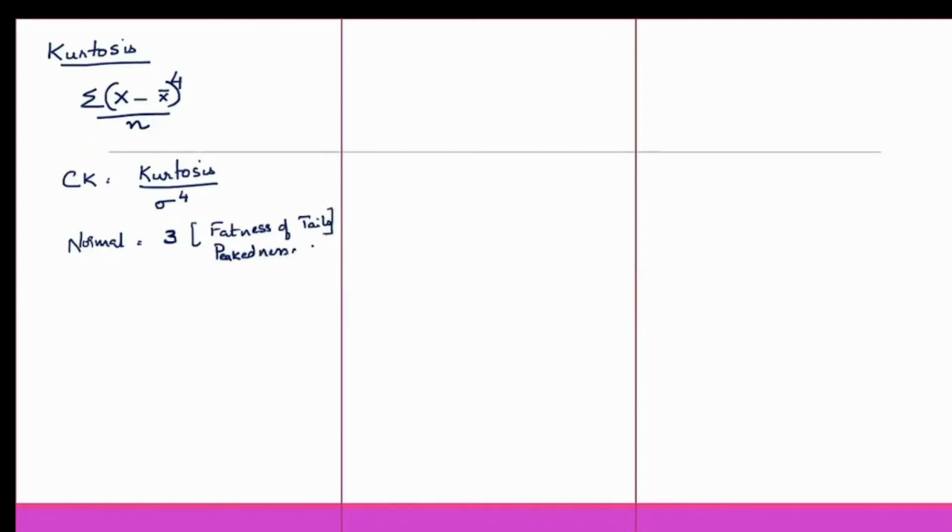So basically, you look at it as the fatness of a tail. If we typically talk about a normal distribution, right? This is what we are calling our tail. This is what we are calling our tail.